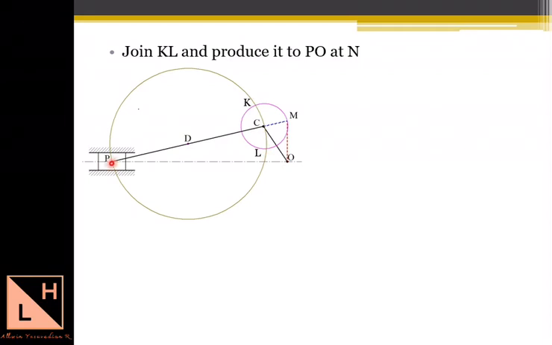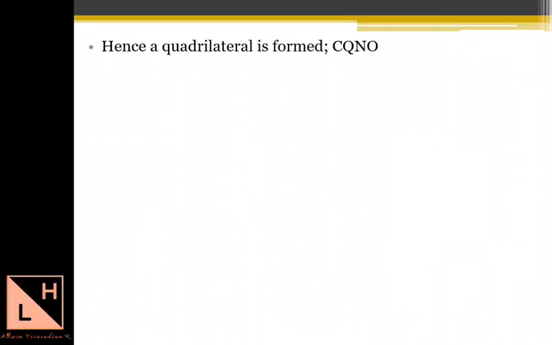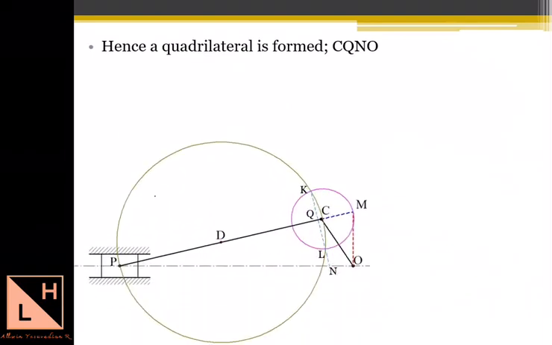Let us join it with a straight line and extend it to the line PO. PO is simply the line, what you see here, the horizontal line axis which is already drawn in the slider crank mechanism. So we draw a line from K to L and join it till it touches the line PO at N. And once we have done all this, there is a quadrilateral formed which is named as CQNO, which is a four-sided polygon.